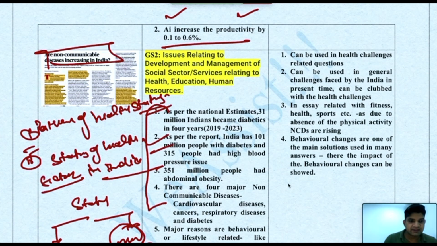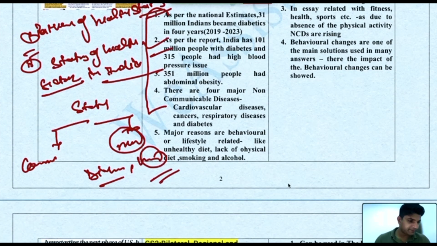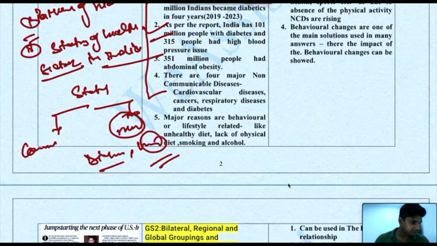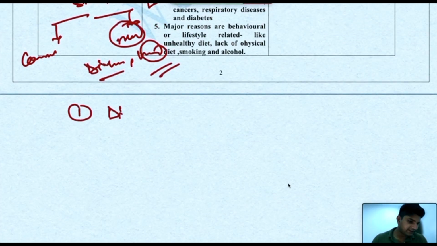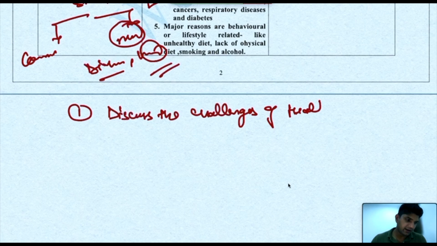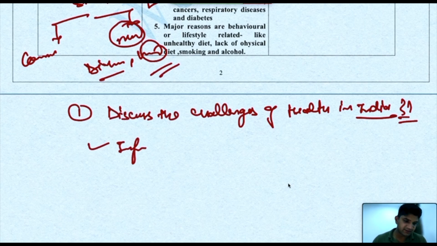Or if a question comes on the challenges of the health sector, then control of non-communicable diseases. If the question is to discuss the challenges of health in India, or challenges in providing good health in India, there we are going to write infrastructural challenges, then institutional challenges.